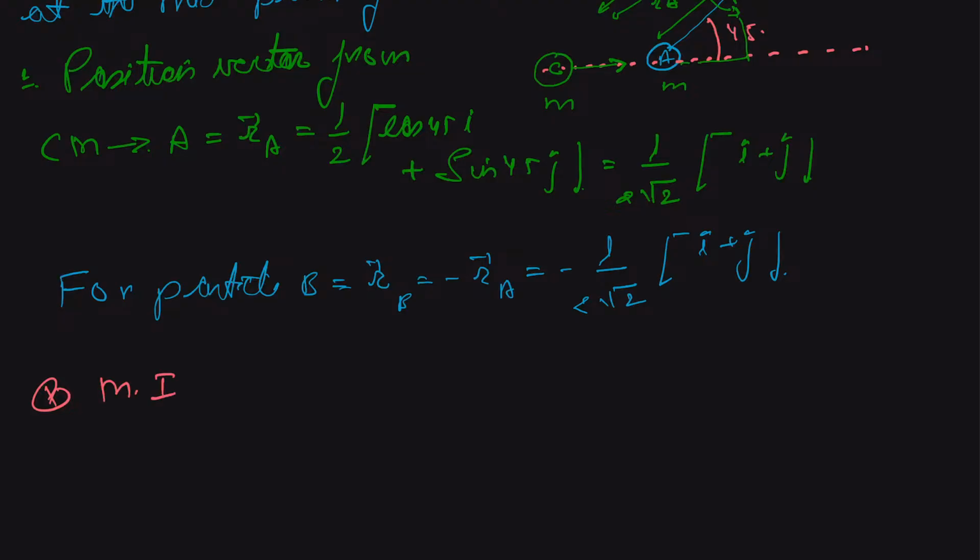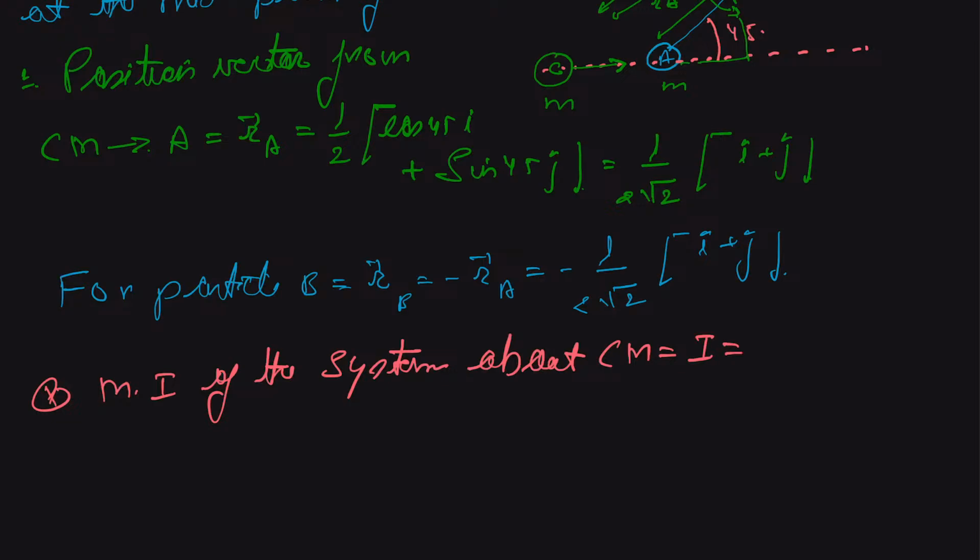So we can say the moment of inertia of the system about the center of mass, let us suppose that is I, is equal to mass of A times distance squared plus mass of B times distance squared, because the distance is the same from A as well as B. Therefore I is equal to 2m r squared, and in terms of L we can write this as 2m times (L by 2) whole squared.